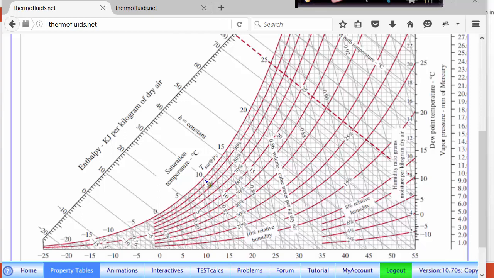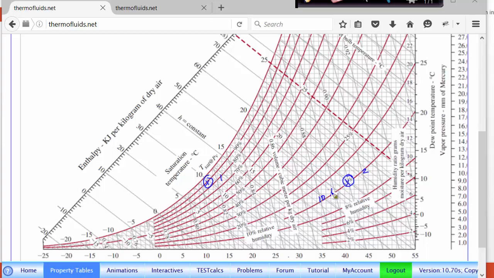Okay, I'm just approximately locating the state. And then we move horizontally until we hit the 40 degrees Celsius line. So this is my state 1, this is state 2. As you can see, the relative humidity line, the one that passes here, is about 10%. So I will venture that the answer is 10%.